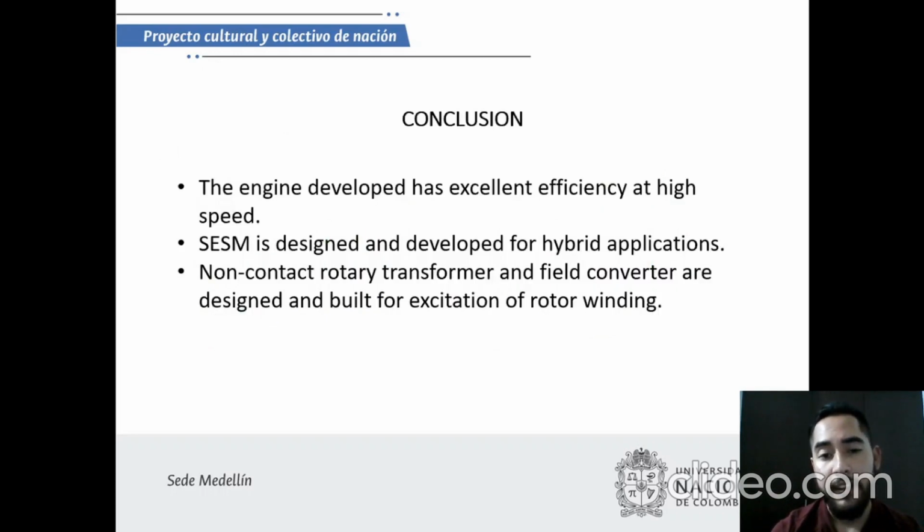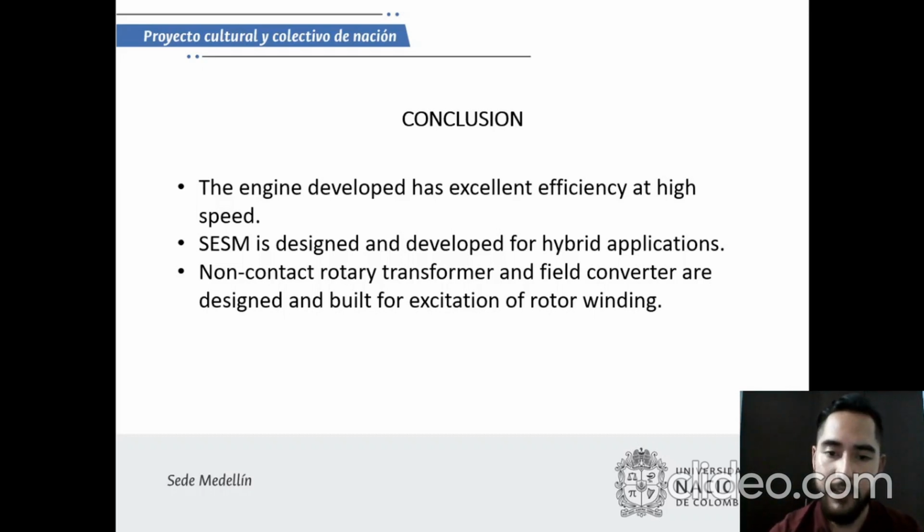Conclusions. The developed engine has excellent efficiency at high speed and surpasses IPM machines. At lower speed, the IPM machine is more efficient. For applications that require high duty cycles of high speed operation, this engine can be a great option, with comparable efficiency, higher power and torque, and the complete removal of rare earth magnetic materials.